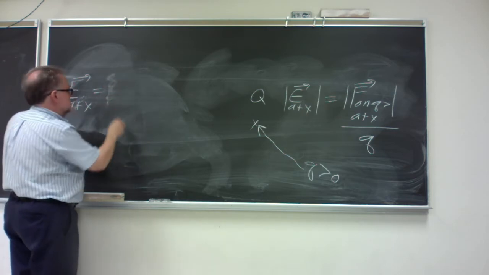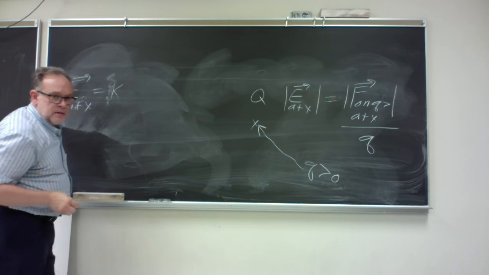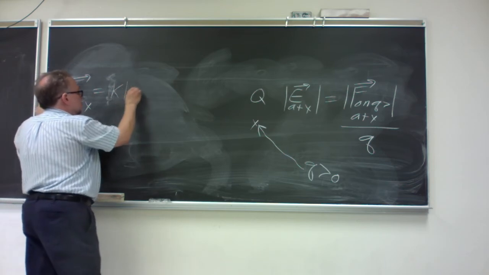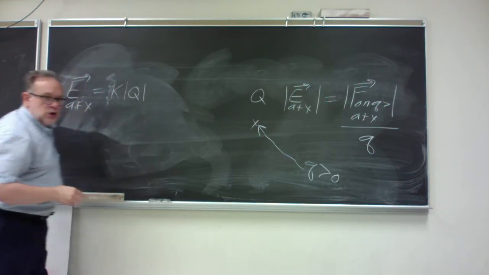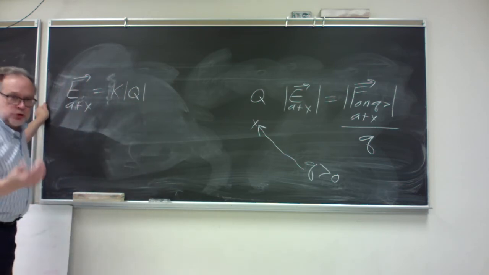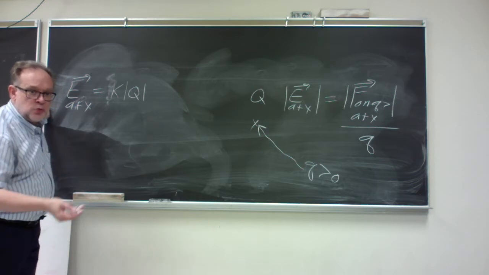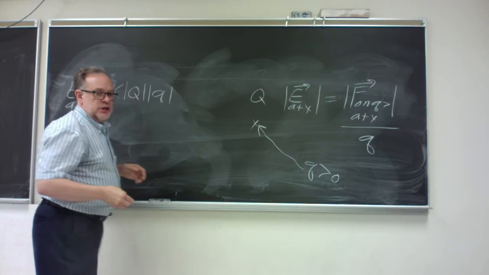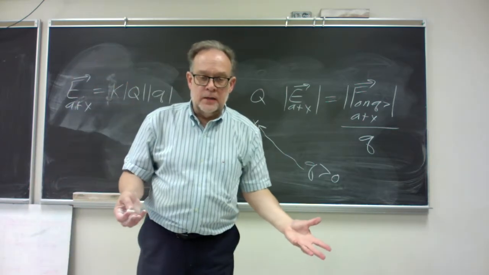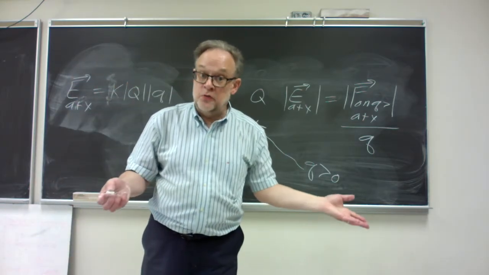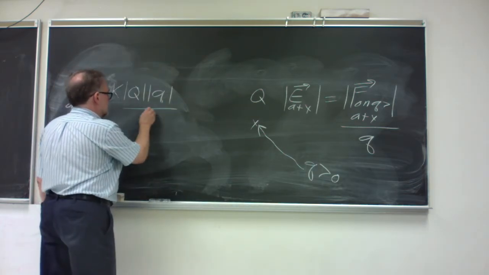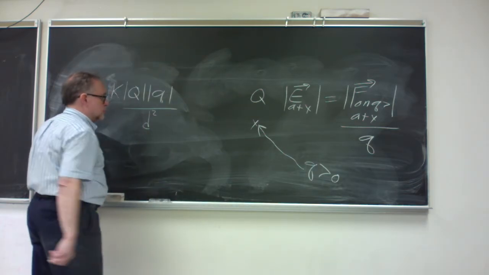Magnitude of that force is just the K constant times the magnitude of the charge that the force is coming from, the source of the field, the source of the force, times the magnitude of the charge that is feeling the field and feeling the force, divided by the square of the distance between capital Q and lowercase q.